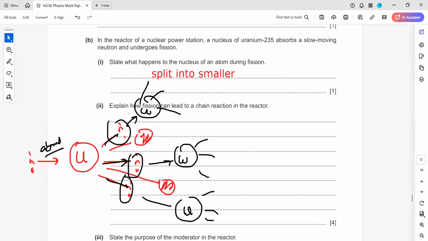And these neutrons interact with more uranium atoms and release more neutrons. That is why this happens as a chain reaction. Like one produces 3, 3 produces 9, 9 produces 27, 27 produces 81, and so on. Is it clear? So how to structure this answer?